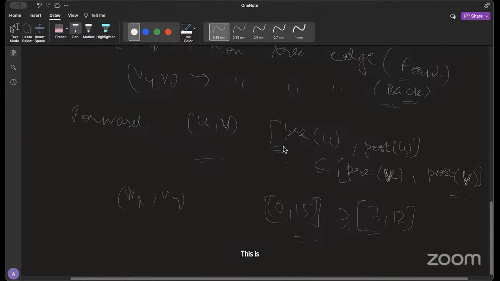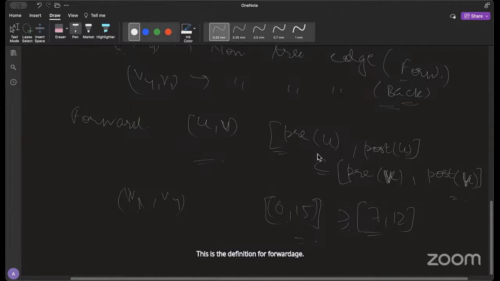This is the definition for forward edge. What is the sign that you have put between 0 to 15 and 7 to 12? It's the subset sign. This is the containment symbol. Okay, ma'am.